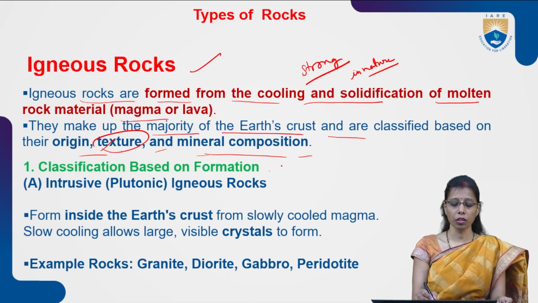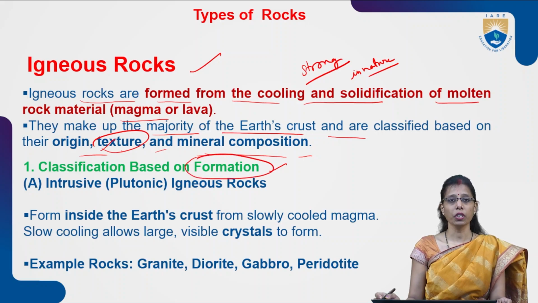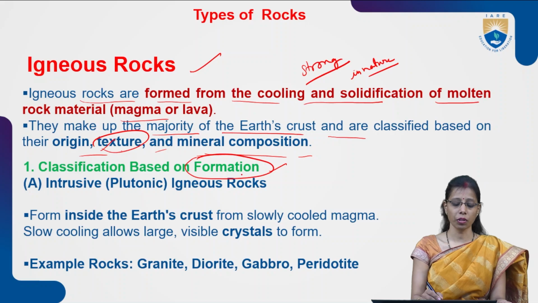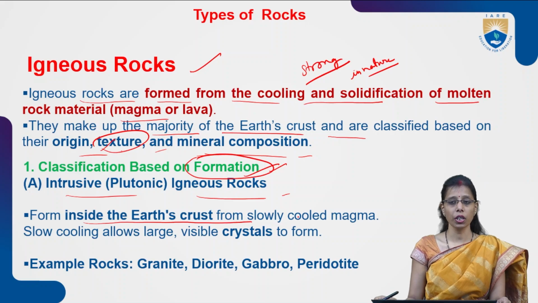Now, if we classify igneous rocks, they are classified based on the formation: intrusive and extrusive. In the previous lecture we also discussed these two types of classification. Now, intrusive igneous rocks form inside the earth crust from slowly cooled magma.